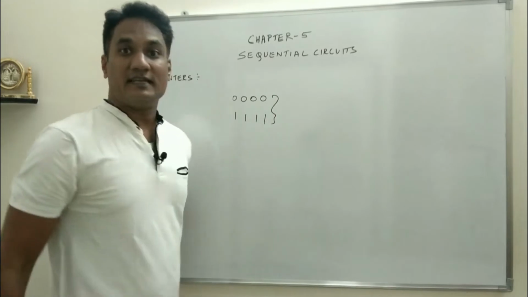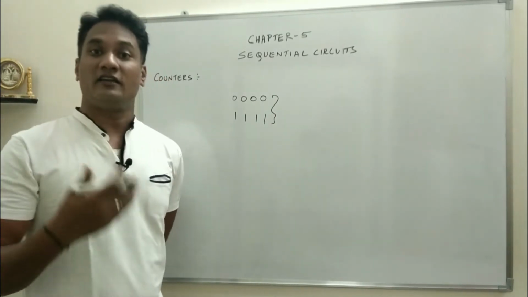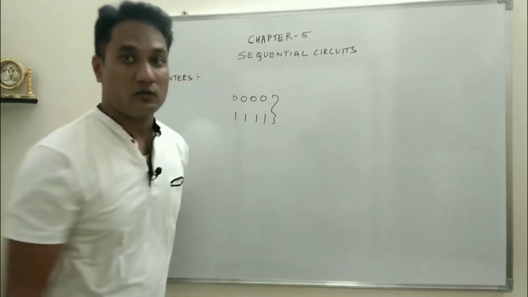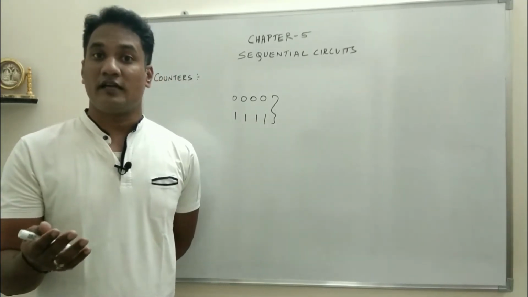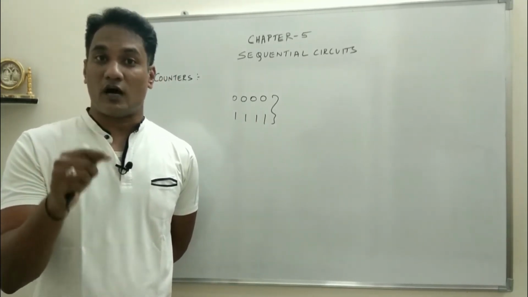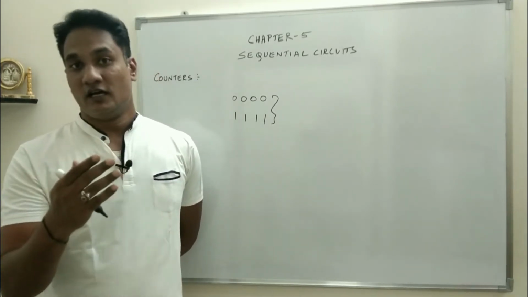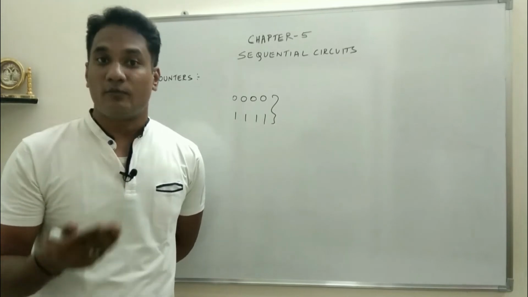So we will be designing a logic circuit which counts from 0000 to 1111. Of course, what it is going to count is the external triggering pulse which we give, which we call the clock input.